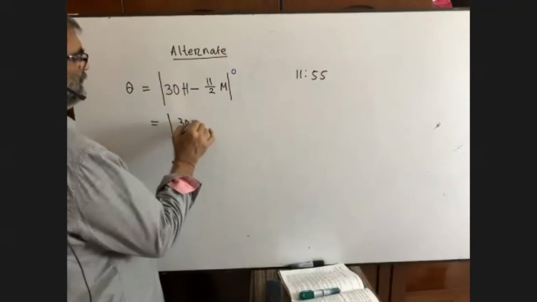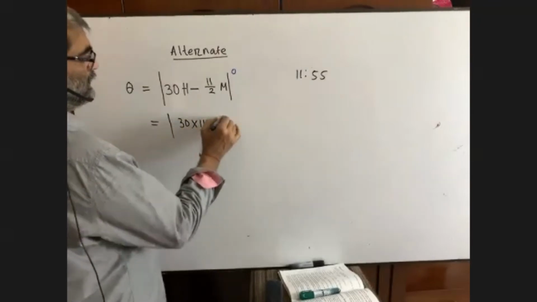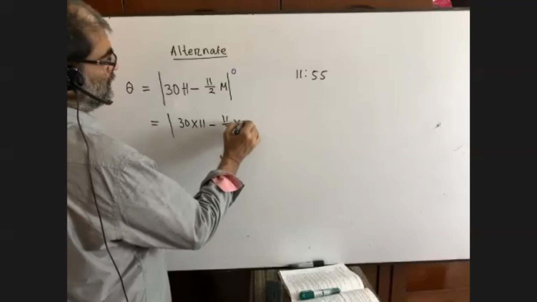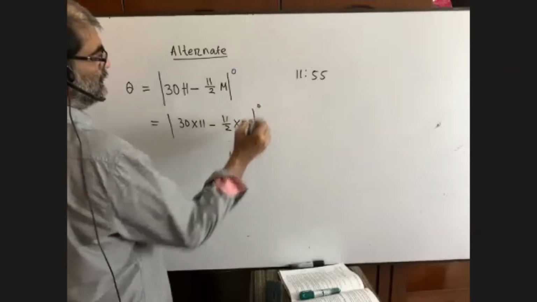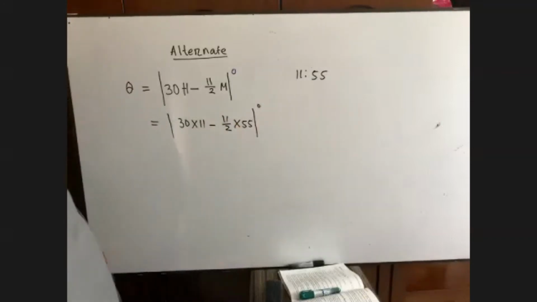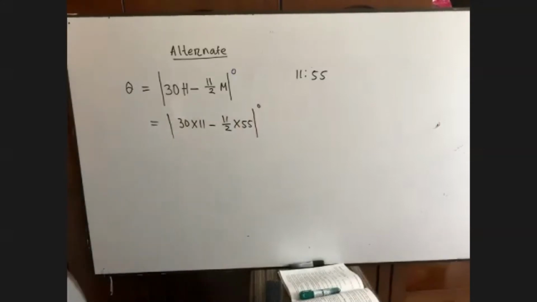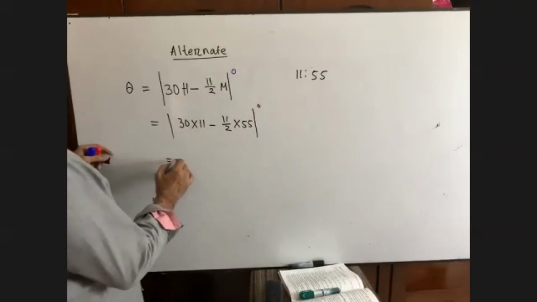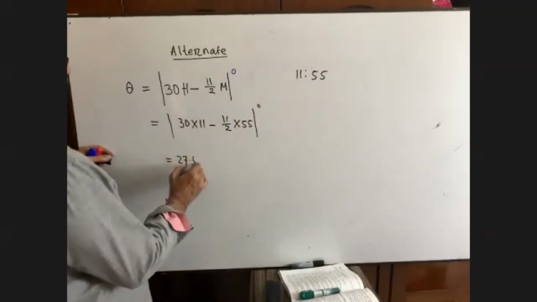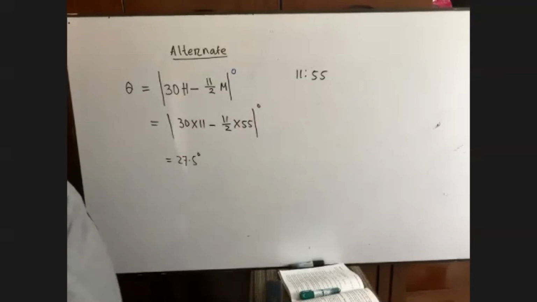Thirty into 11 minus 11 by 2 into 55 degrees. Now calculate it, all of you, and let me know. Sir, 27.5. 27.5 degrees, right? Okay.